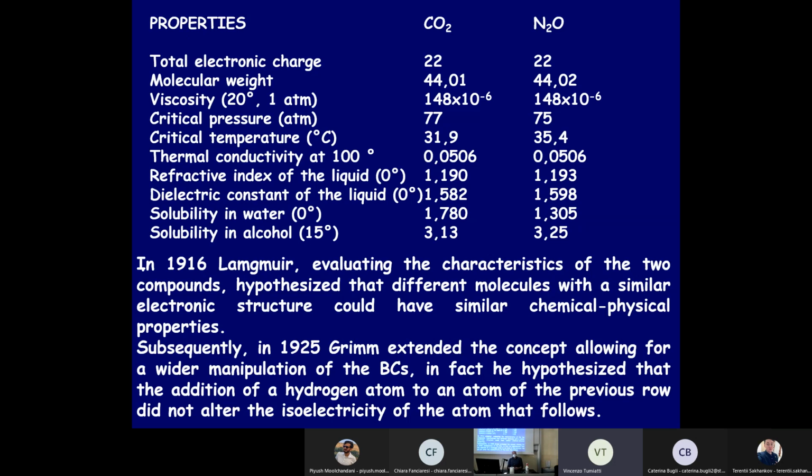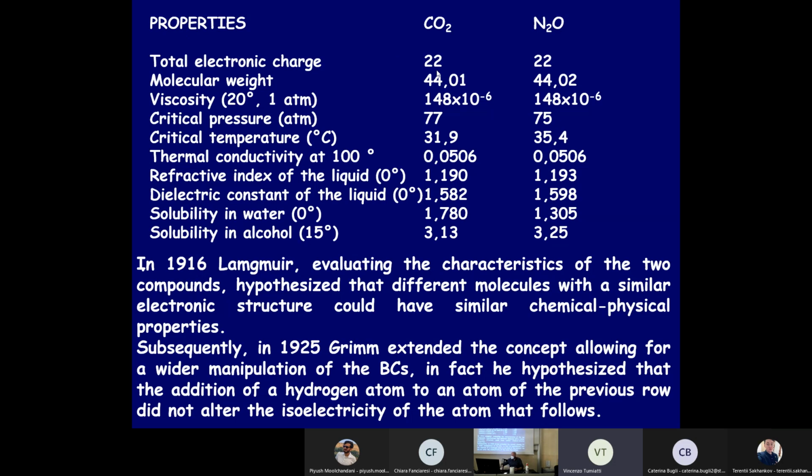When was this concept born? In 1916, this guy Langmuir, a very famous scientist, investigated the properties of two very common compounds: carbon monoxide and nitrous oxide.